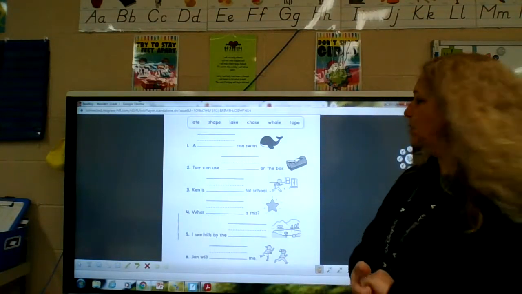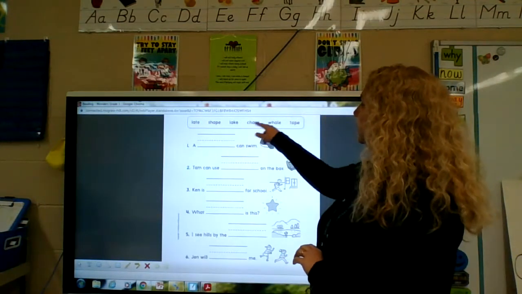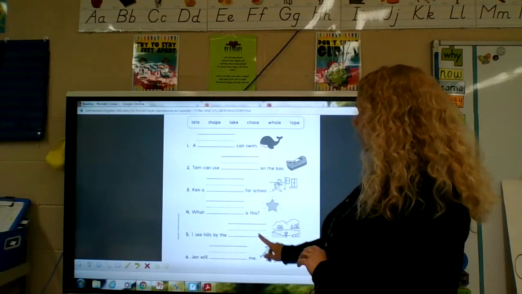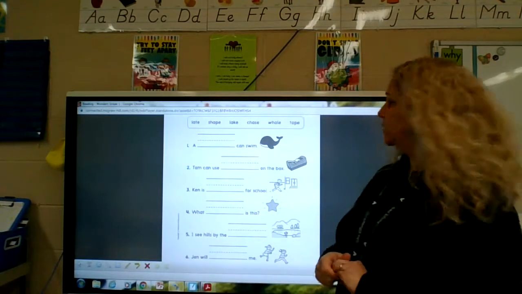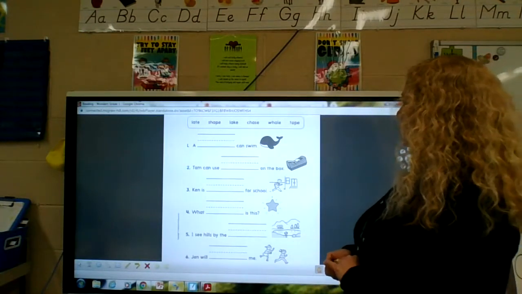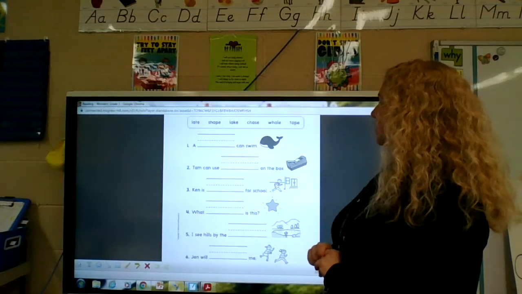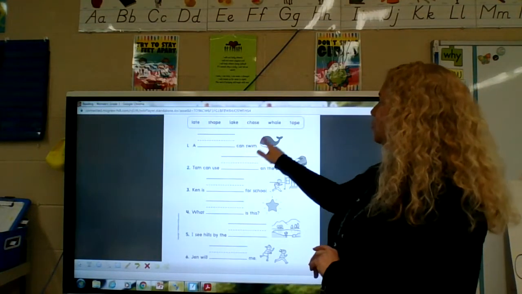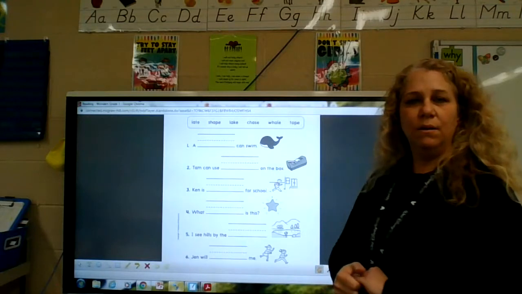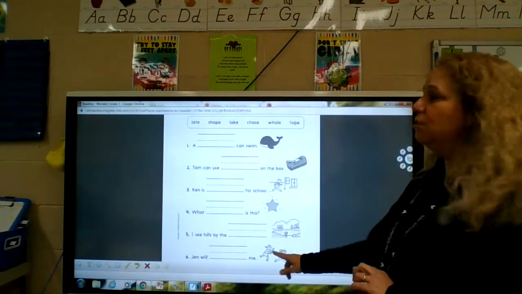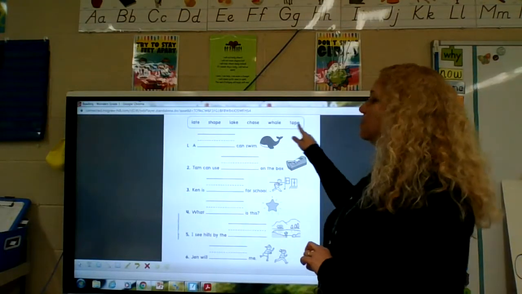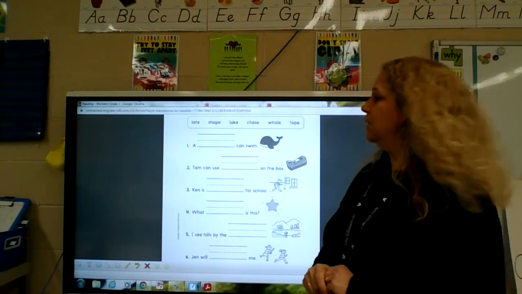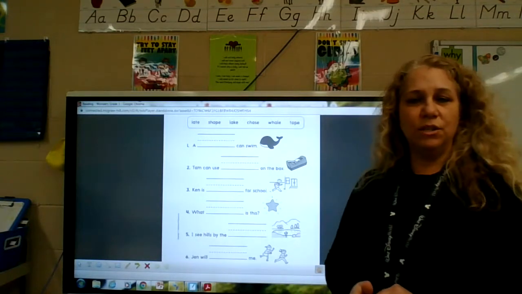When you get off the video, I want you to fill in these words into the sentences they go with. There are picture clues for you. You can see the whale. So a whale can swim would go here. You're going to fill this out on your own. Practice those long A words. Fill them out and send that to your teacher and your chart.